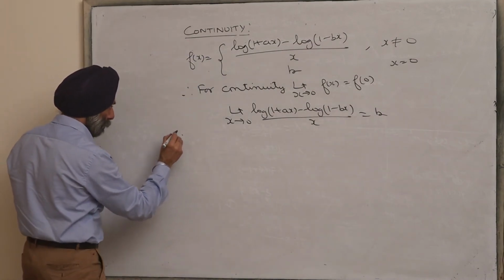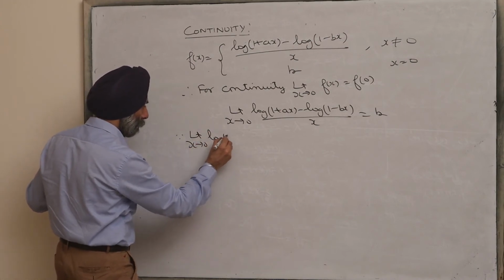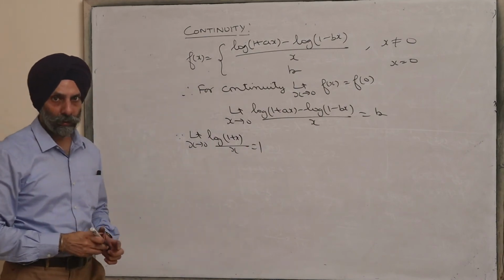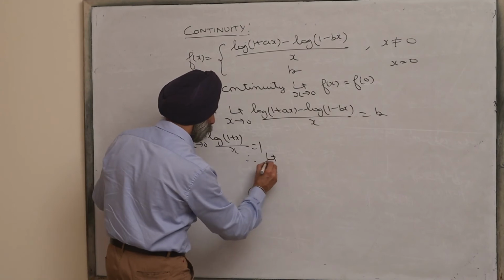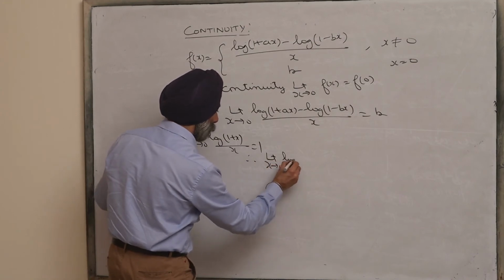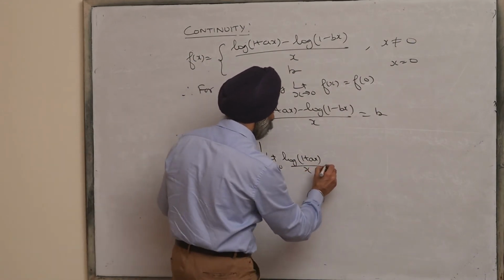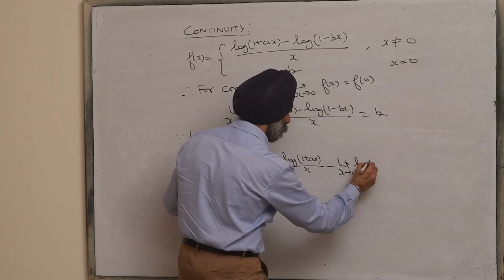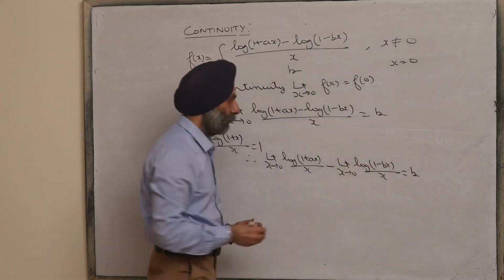Now as we know that limit x approaches 0 of log of (1 plus x) upon x is equal to 1. So therefore limit x approaches 0 of log of (1 plus ax) upon x minus limit x approaches 0 of log of (1 minus bx) upon x is equal to k.